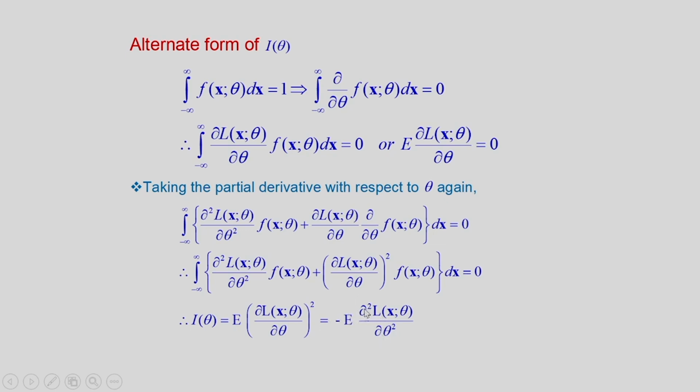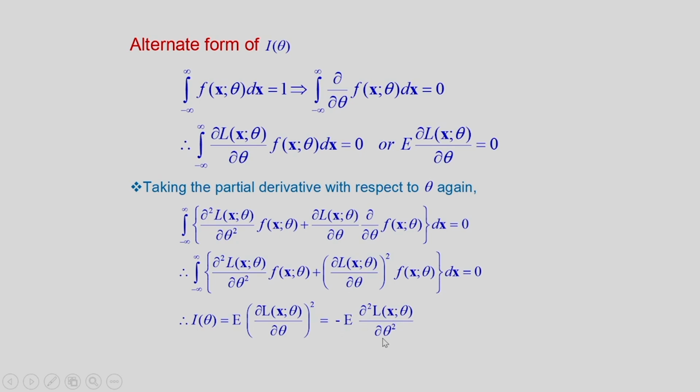So, this information statistic I theta can be expressed in terms of the second order partial derivative, that is the average value of the second order partial derivative with a negative sign, and compared to taking the square of the partial derivative and then the expected value, this expected value is easier to compute.